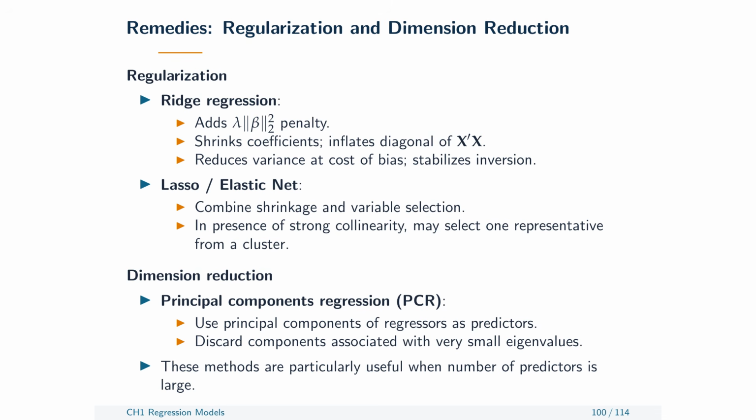Regularization deliberately accepts a little bias in exchange for lower variance. Ridge regression shrinks correlated coefficients towards zero and steadies the matrix inversion. Lasso and elastic net go further and drop some variables as they shrink.